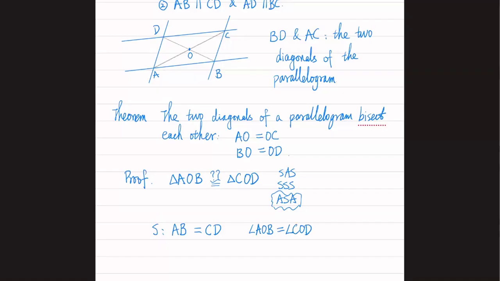Is this helpful for the ASA theorem? We have this side. If we pick this angle, they are opposite to each other, not the neighboring angles.